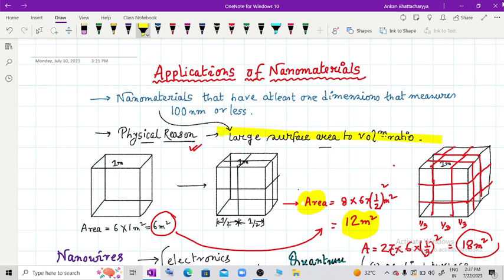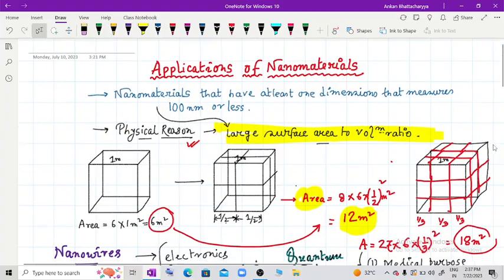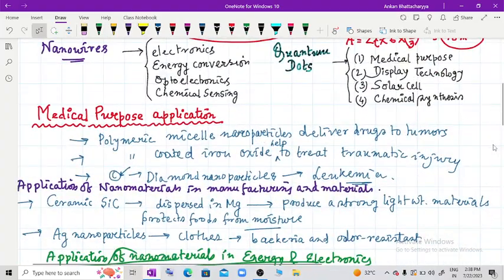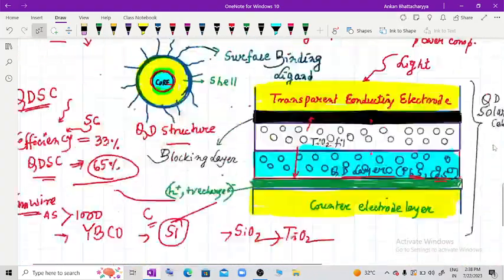The surface to volume ratio plays an important role, as it implies a large surface area compared to bulk materials, so it may have some exciting properties which we can use in our modern applications.